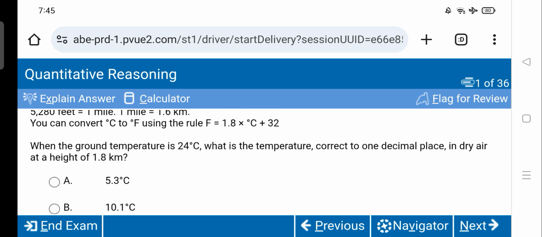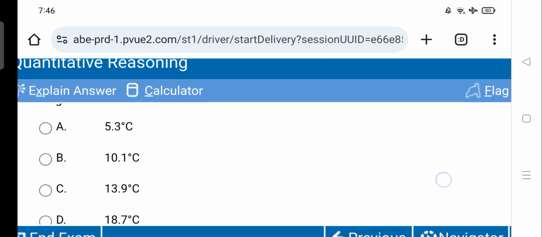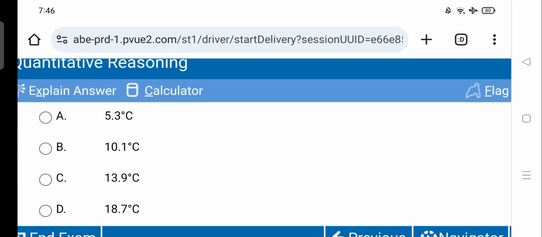So now the question is: when the ground temperature is 24 degrees centigrade, what is the temperature, correct to 1 decimal place, in dry air at a height of 1.8 kilometers? Option A, 5.3 degrees centigrade.